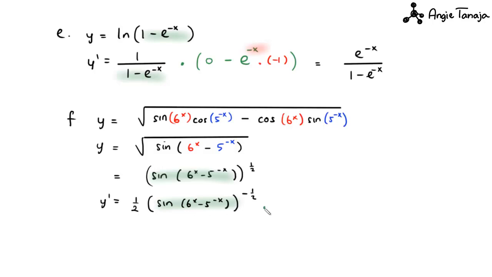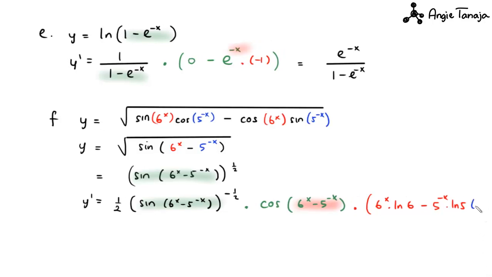Multiply it with the derivative of sine of this, and the derivative of sine is cos, so we have cos of 6x minus 5 to the negative x. Multiply again with the derivative of the red one, which is 6 to the x times ln 6 minus 5 to the negative x times ln 5, and again with the chain rule of negative 1.